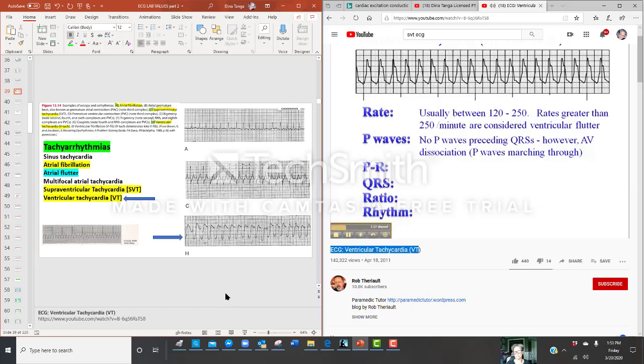So what happens essentially is that in about 50% of VTACs, and I'll just draw this out here, we have an SA node that's firing at a rate of, let's just say arbitrarily, 80 beats per minute. And a focus down here in the ventricles, say arbitrarily, is firing at a rate of 180. And what happens is we'll see evidence of atrial depolarization on the QRSs.